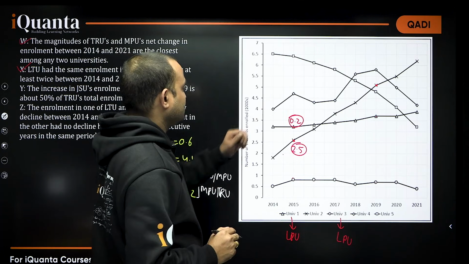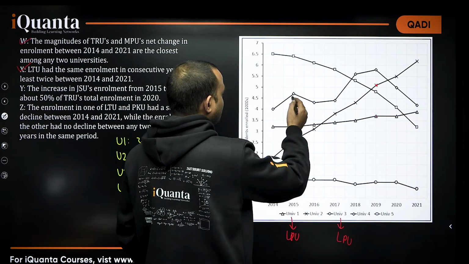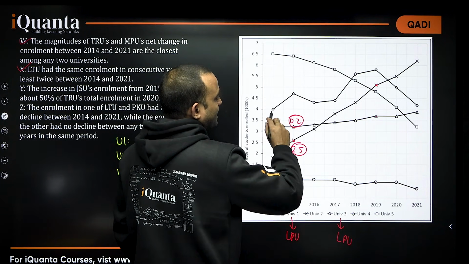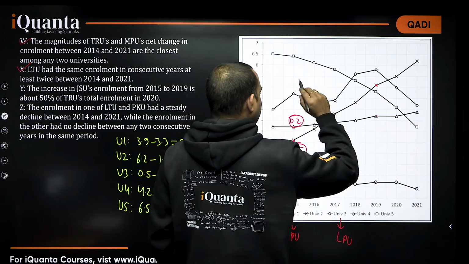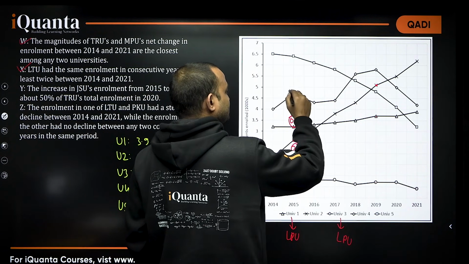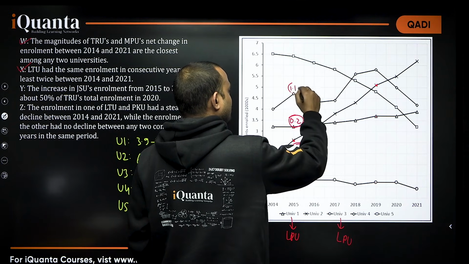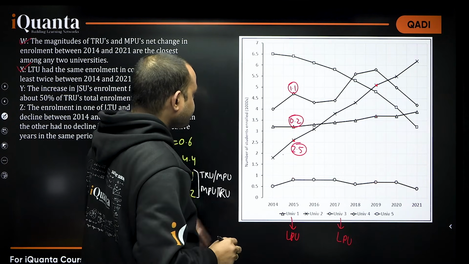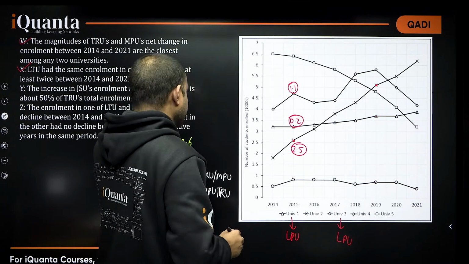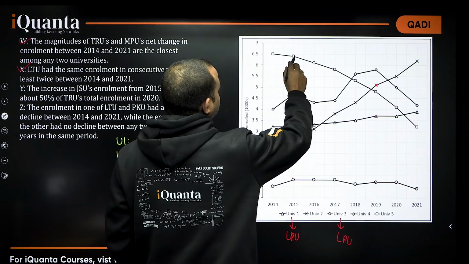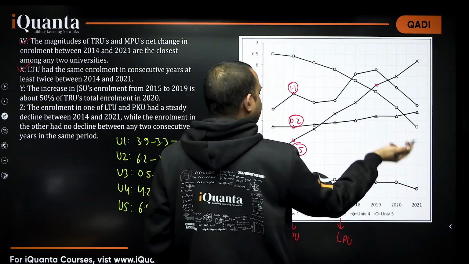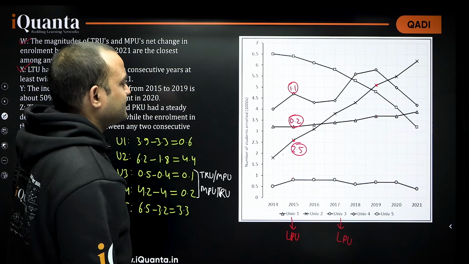In the diamond one, 4.7 and in 2019, this is 5.8. That is 1.1. The change is 1.1 in this case. In the last one, this is 6.4, and here it's decreasing, so we can't say anything about that.